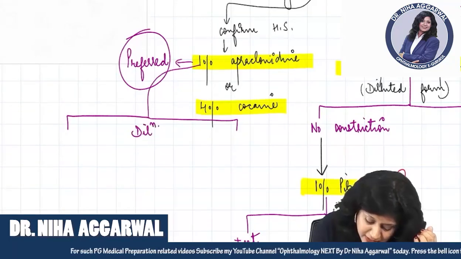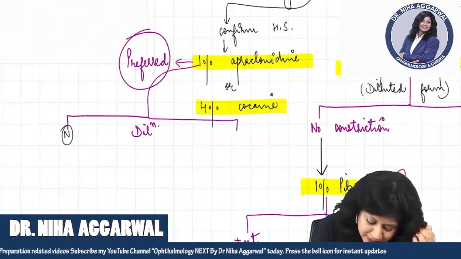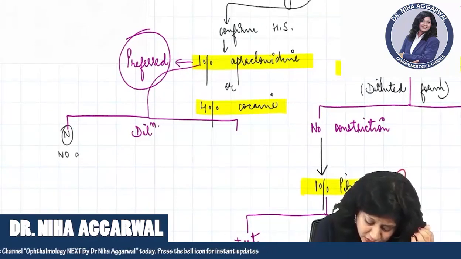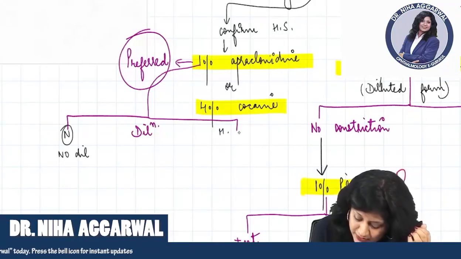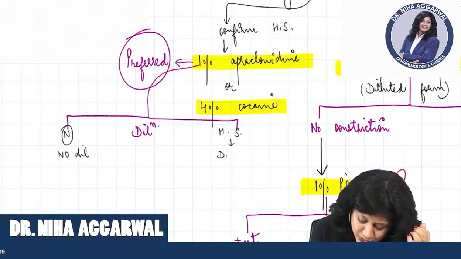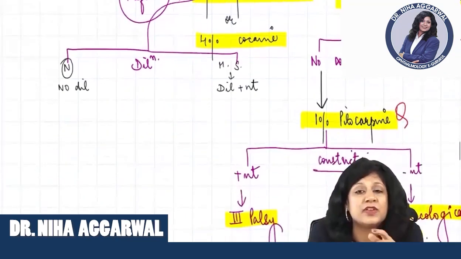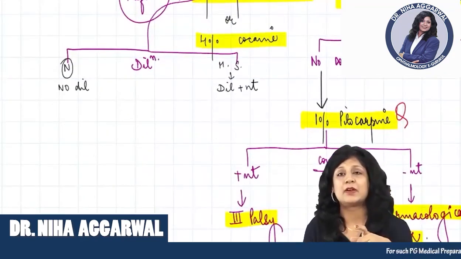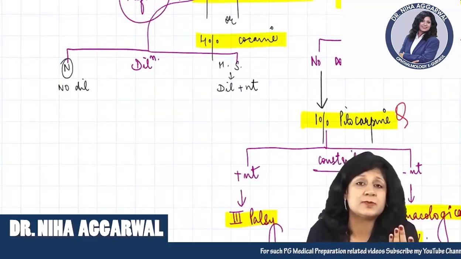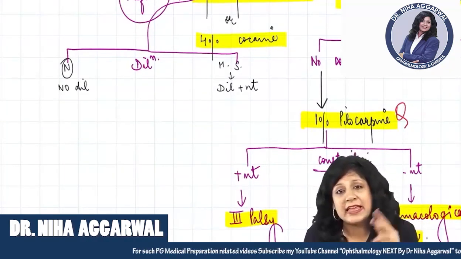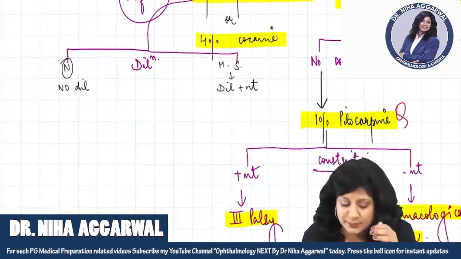If it is a normal pupil, there will be no dilatation, while if it is Horner syndrome, the dilatation will be present. So due to these two reasons, we are preferring 1% apraclonidine, because it is showing a positive response in the affected eye, and secondly, it is not having any substance abuse.